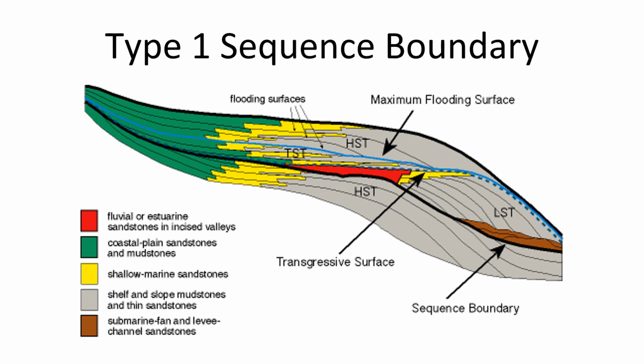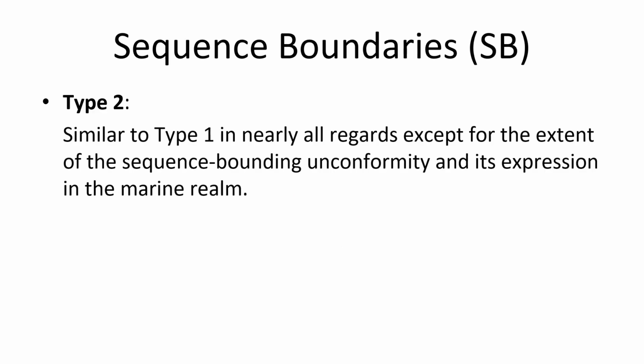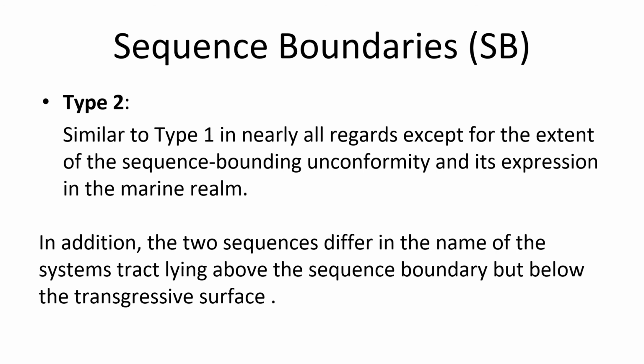Now, what about a type 2? A type 2 sequence boundary is very similar to type 1 in all regards, except for the extent of that sequence-bounding unconformity into the marine setting. So these two sequence boundaries also differ not only in the name of the systems tract lying above them, but also below.